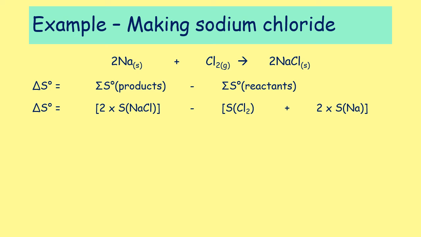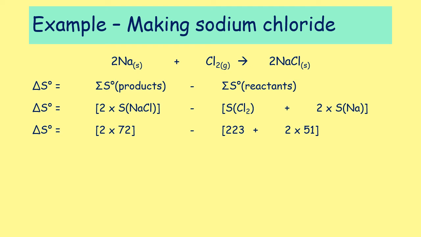So when it comes to our products, we're going to have 2 times the entropy of sodium chloride, subtracting for the reactants, the entropy of chlorine plus 2 times the entropy of sodium. And using values from the data booklet, sodium chloride has an entropy of 72, chlorine an entropy of 223, and sodium has 51.